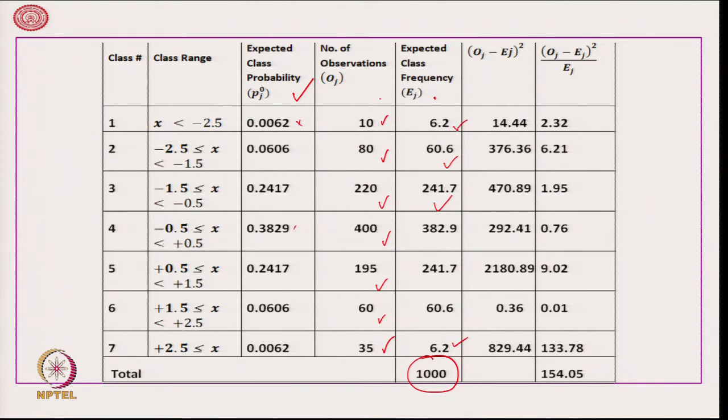Therefore, we need to compute the square of their difference, which is coming out to be like this: 14.44, 376.36 up to 829.44.